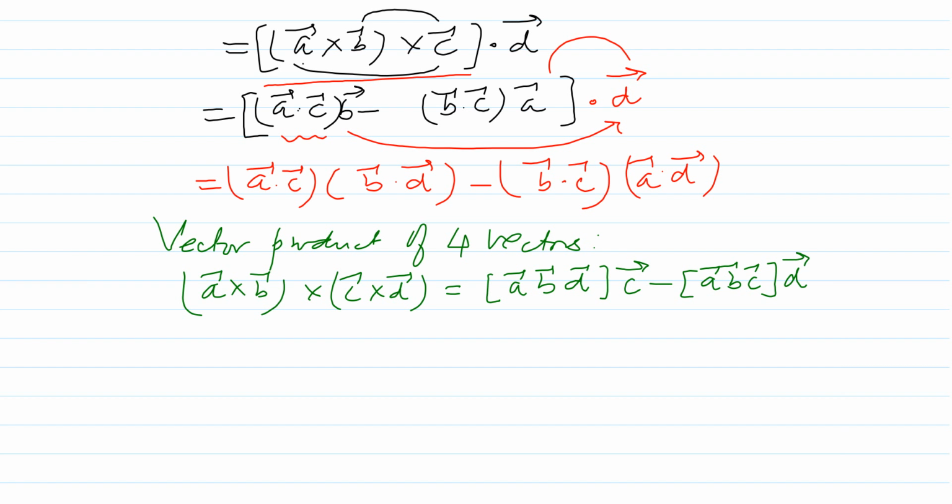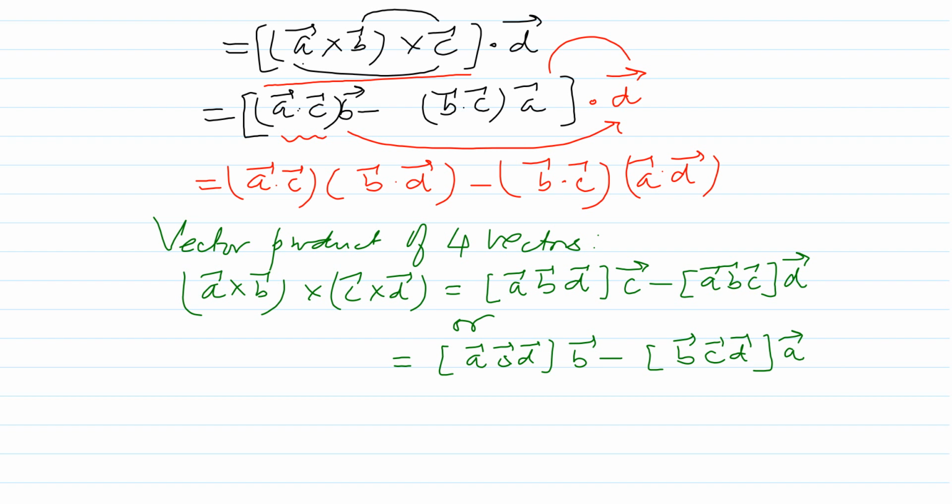vector D. Or this can be written as the scalar triple product of ACD multiplied by B minus scalar triple product of BCD multiplied by A. So we will prove how this is possible.